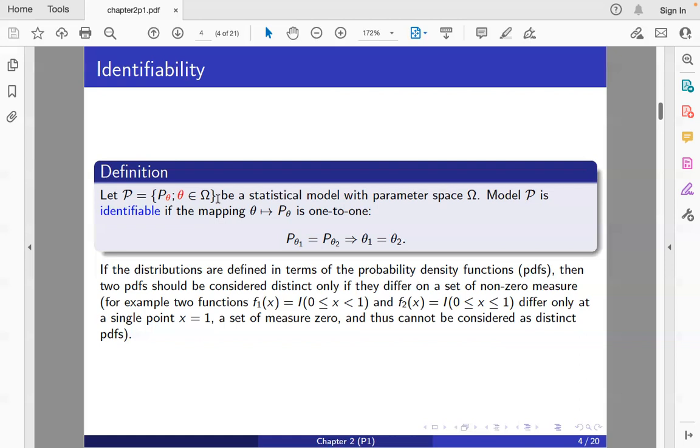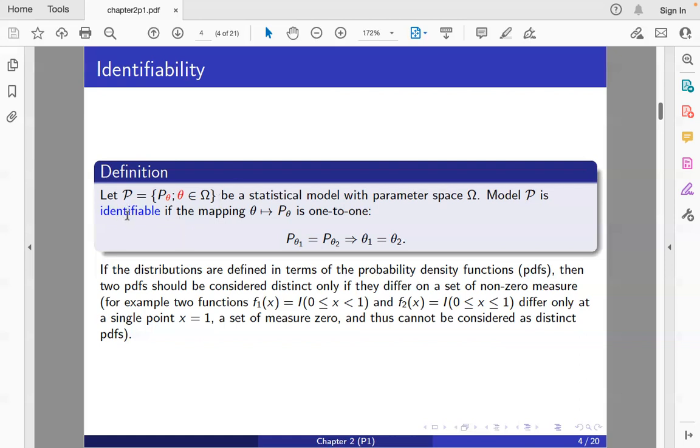If two different thetas refer to the same model, that's not good, because you want to completely determine a particular element in the probability space in terms of theta. So as a function of theta, it should be one-to-one. Basically, this is the basic idea.